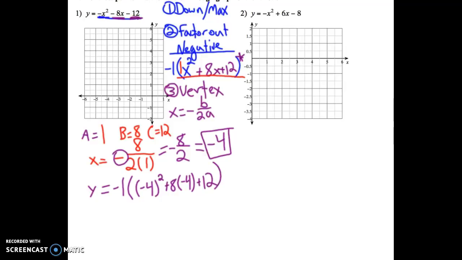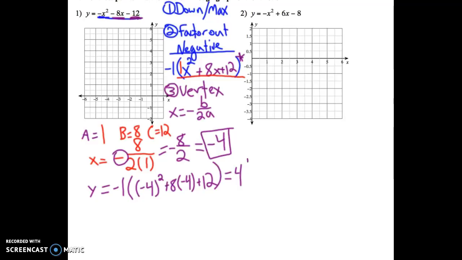If I enter that into my calculator, I should get a y value of, wait for it, please put that in exactly as you see it: negative 1, parenthesis, another parenthesis, negative 4, raised to the 2, so make sure you have negative 4 in parentheses, plus 8 times negative 4, plus 12. Close the parenthesis. That gives me a y value of positive 4.